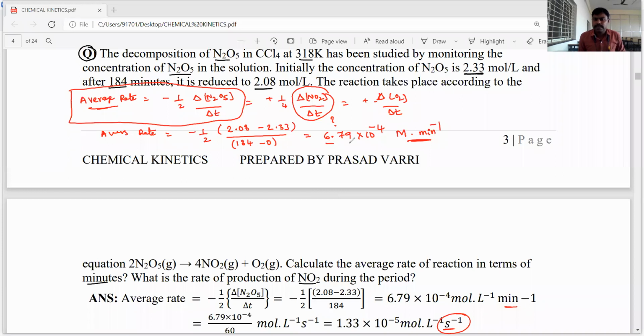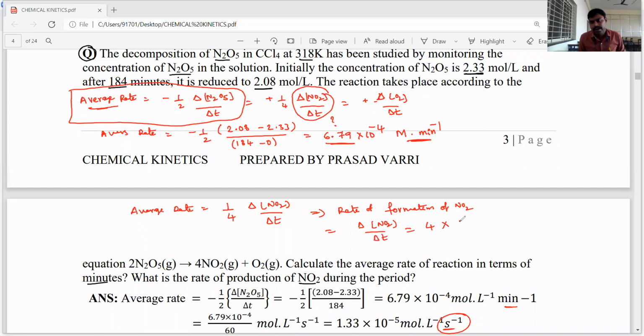Okay. Now we got the average rate, and we know that this average rate is equal to 1 by 4 of delta NO2 by delta T. So we want the delta NO2 by delta T value. Therefore, the rate of formation of NO2, delta NO2 by delta T, is equal to 4 times the average rate.